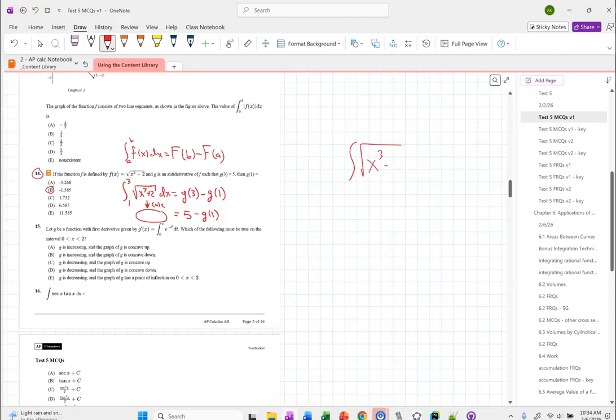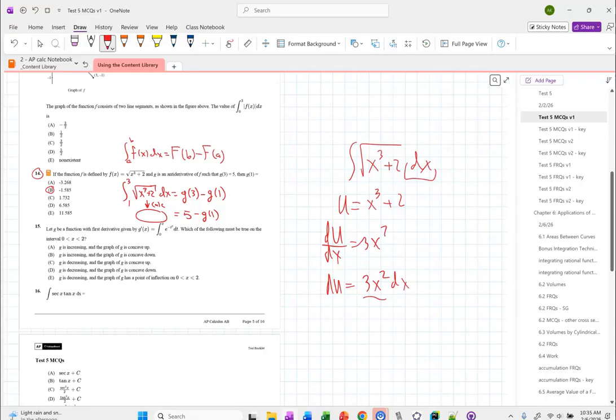So just for the record, if you try doing this as a u sub, I have the dx, but there's no way to get rid of that x squared. Trying to do a u sub, you just can't get rid of it.